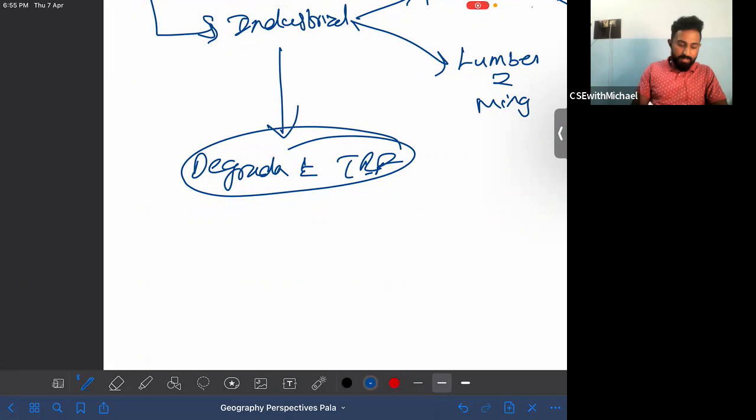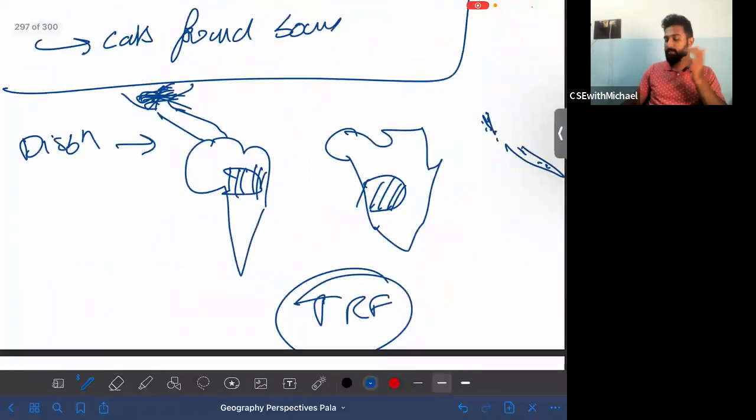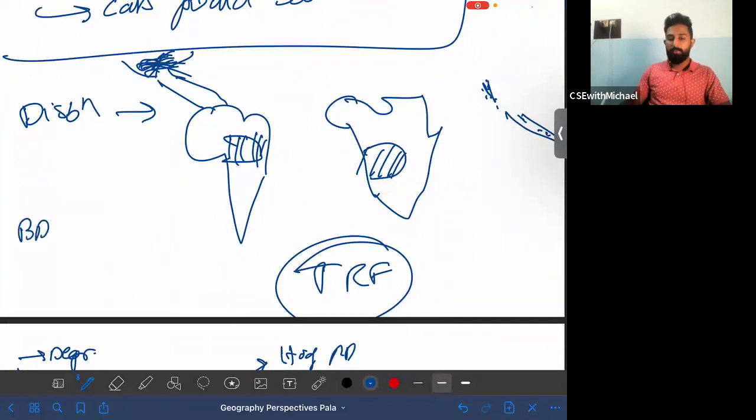So these are the basic ideas we can have about the tropical rainforest. There can also be a comparison with respect to the different regions. For example, if you consider biodiversity, biodiversity is highest in the Amazon part. Amazon biodiversity is greater than Indonesian, and the least biodiversity is found in the Congo Basin.